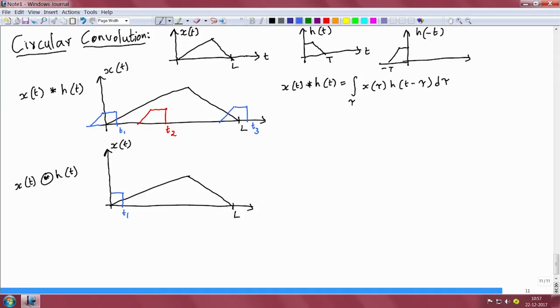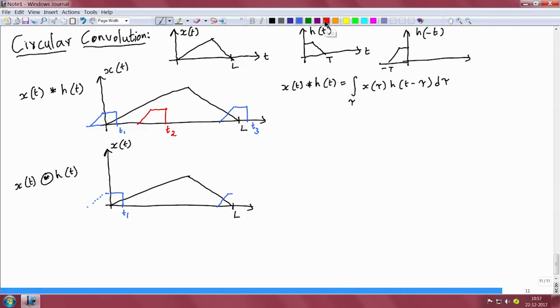Till the signal x1 is present, within the limits of the signal x1, we multiply the same signal t1, but wherever it is going beyond the limits of the x1 signal, we wrap it back from the end. So, it goes back like this to the end, and now we multiply these two and add it. So, this is the circular convolution.